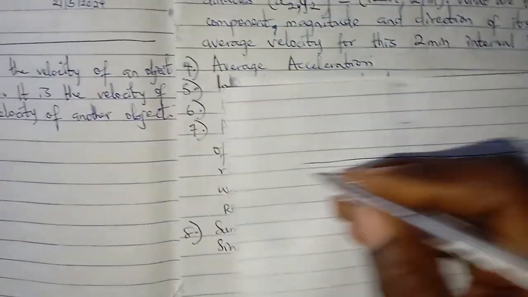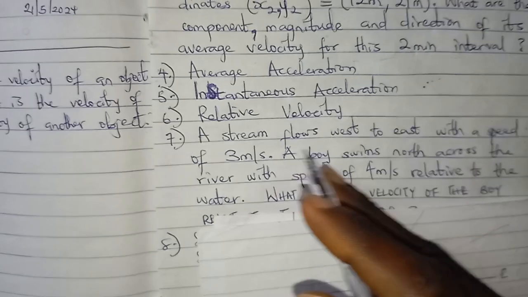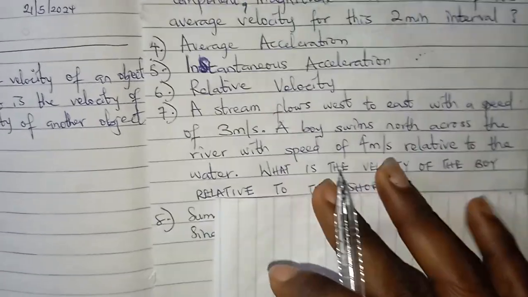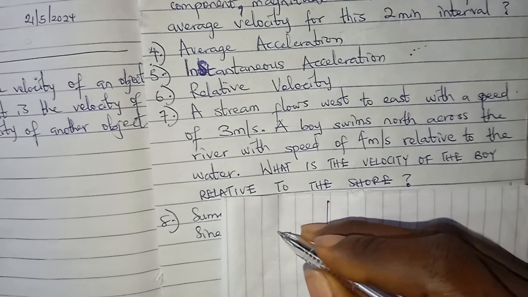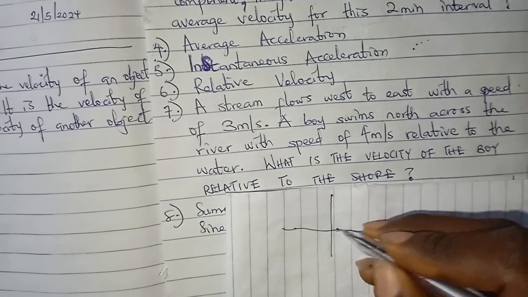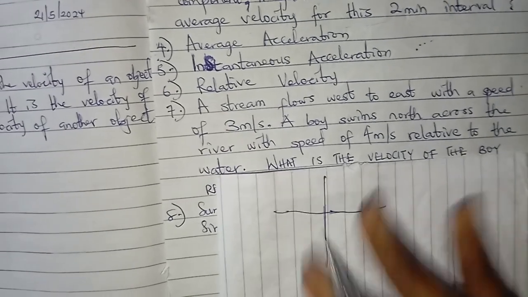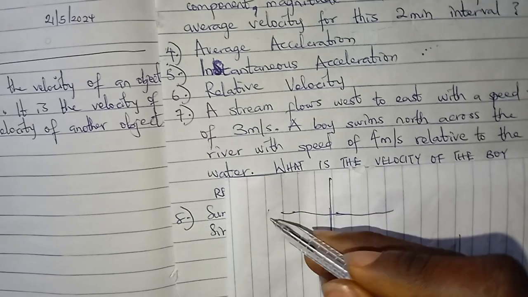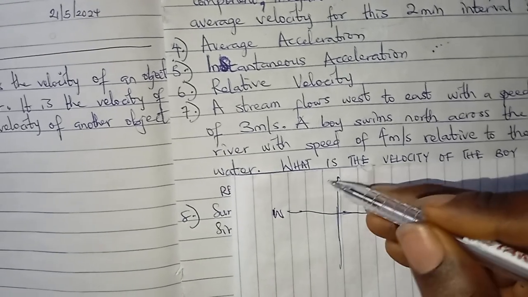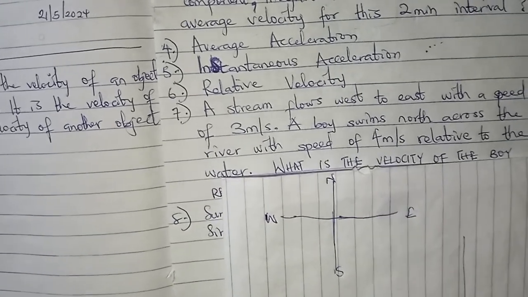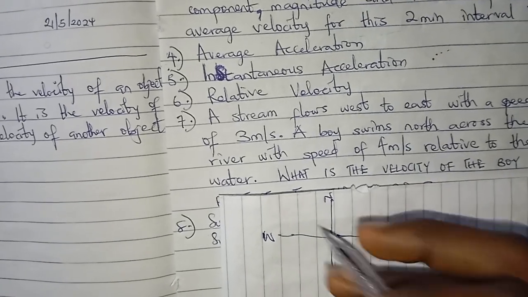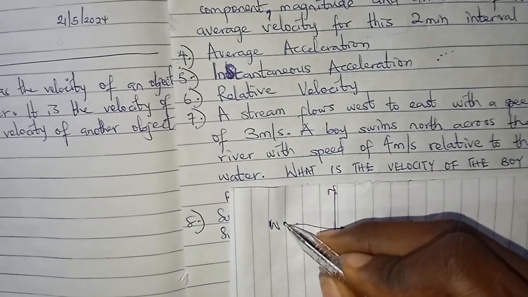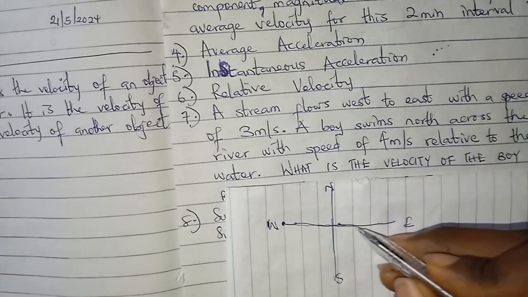So the minute I hear the question, they said a stream flows west to east. I just come and draw my coordinates so that nobody will confuse me. Now this is west, this is east, north, south. So the stream flows west to east, this way.